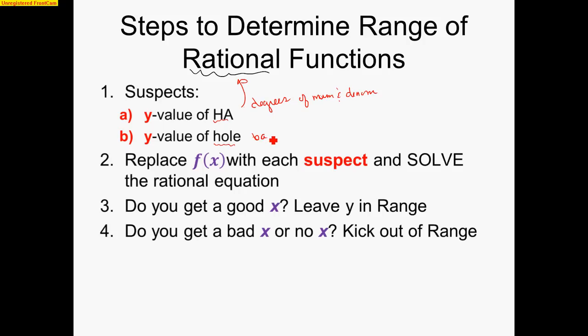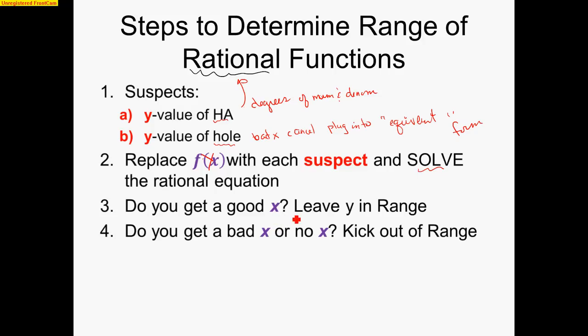It's a bad x that canceled out. And you find the y value by plugging the bad x into the equivalent form. You replace f of x, remember, which is just a y, with each suspect and solve the rational equation.